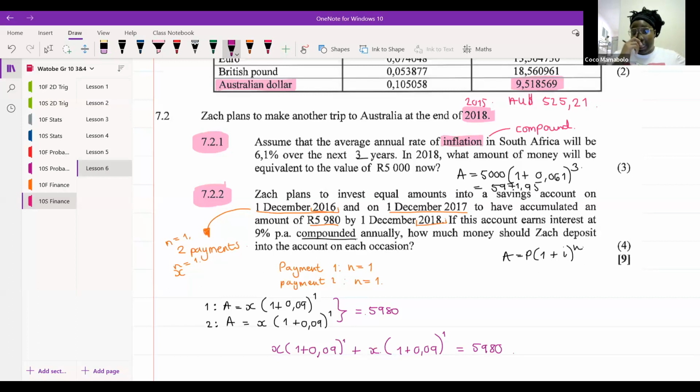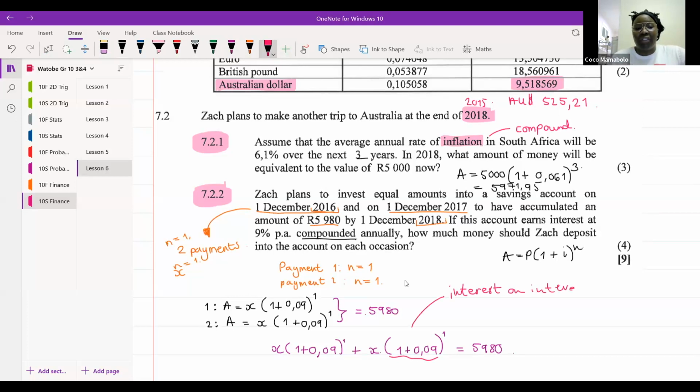Okay, but I think I've forgotten something here. It's not simple interest, it's compound interest. So what have I forgotten? Okay. This is what we forgot. Because the thing is compound interest, guys, one of these calculations is going to earn interest on interest.